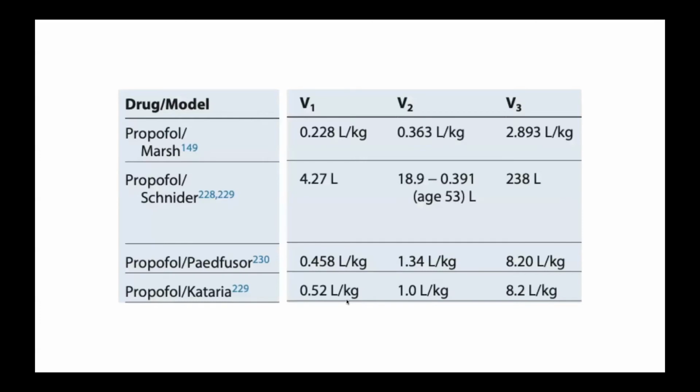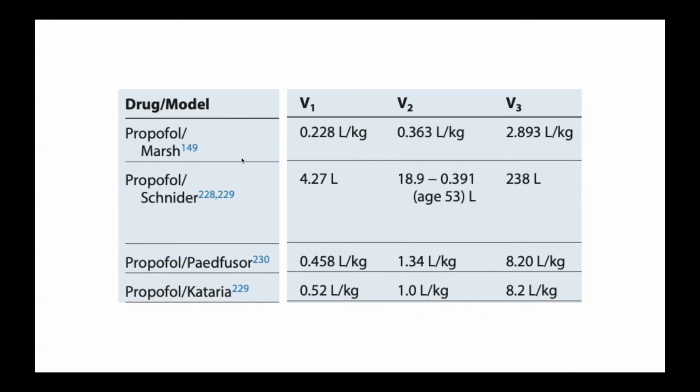Now, finally, this is a summary of the TCI propofol systems that we use. And the way that I think is a really good way to memorize this is to look for patterns. These are the three that I would memorize: Marsh, Schneider, and Pediatric. You don't need to know Kataria, although it's fairly simple to know as well.